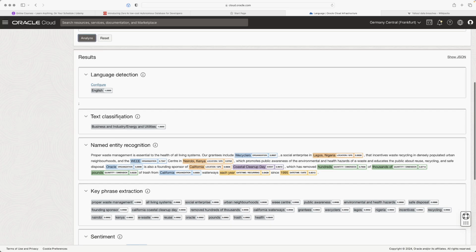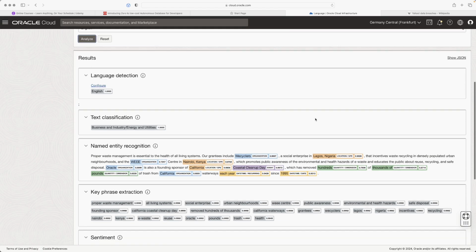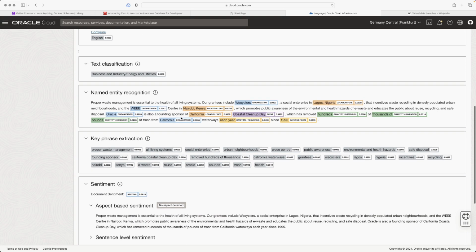And it's able to identify the classification, like in which category you would keep this text. It says that it goes in business and industry or energy and utilities. If you quickly take a look, it is about proper waste management being essential to the health of living systems. Our grantees include Wexlers, a social enterprise in Lagos, Nigeria. So it's actually quite right, it is about business and industry and energy and utilities.